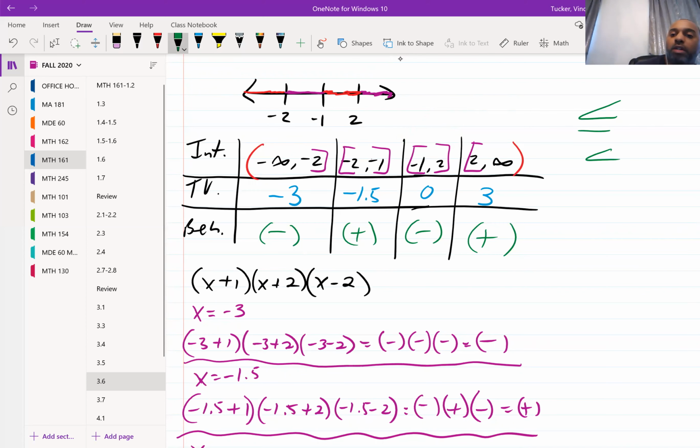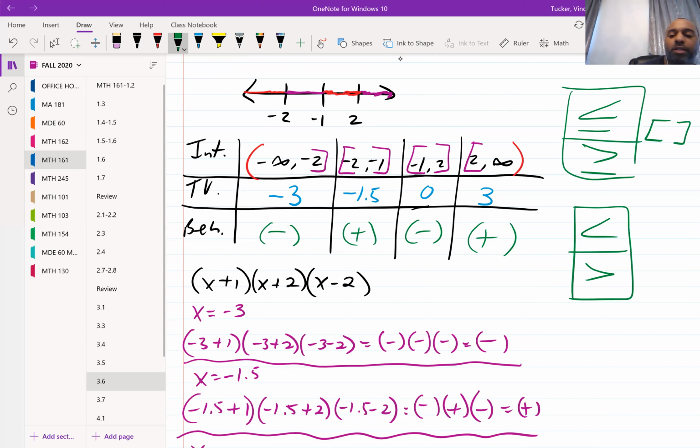Remember, this comes back to our interval notation. So less than or equal to, greater than or equal to will give you brackets. But less than and just greater than, those two symbols will give you parentheses. So it's this line that's under here that lets you know you should have a bracket.